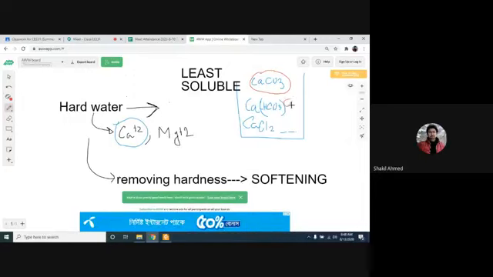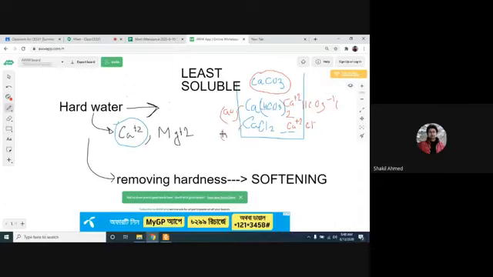Calcium bicarbonate gives calcium ion and bicarbonate ion. Similarly, calcium chloride gives calcium ion and chloride ion. They are dissolved forms, basically aqueous.